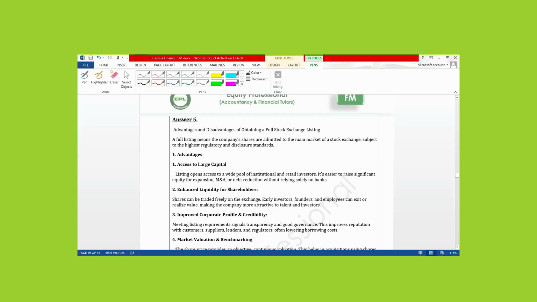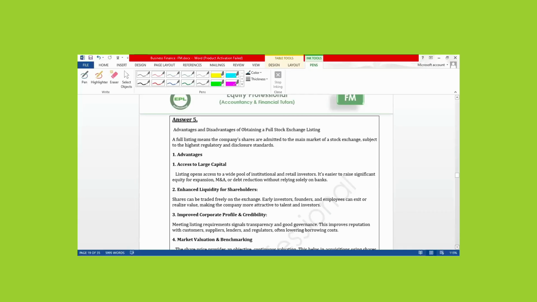If you say you want to be admitted, you want your company shares to be admitted to the main market of the stock market. This market is highly regulated with highest disclosure, nothing secret again. Once your company is listed, everything about the affairs of the company will be discussed in the public.